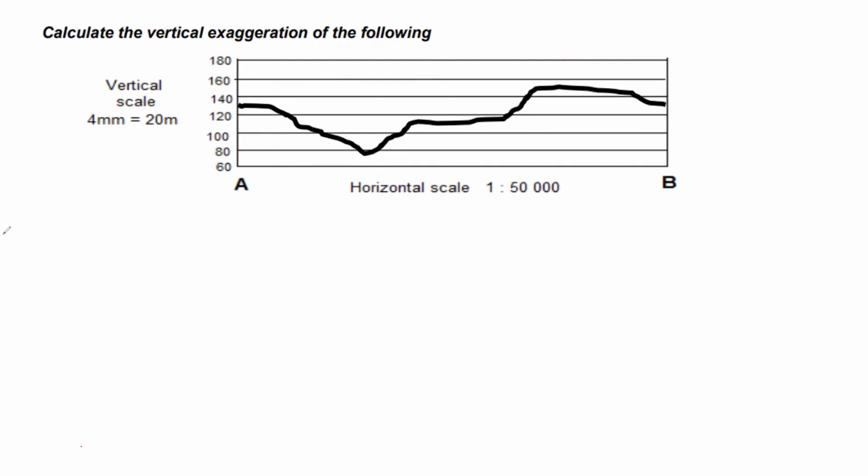Let me clean this first so that we can calculate. But one thing I want to bring to your attention is that before you do anything, step number one, you must always try to convert the vertical scale to a ratio. We need both scales in the same format. Both the vertical and the horizontal scales need to be in the same format.